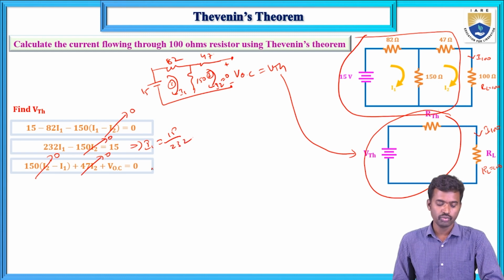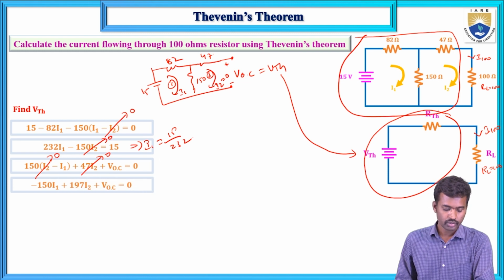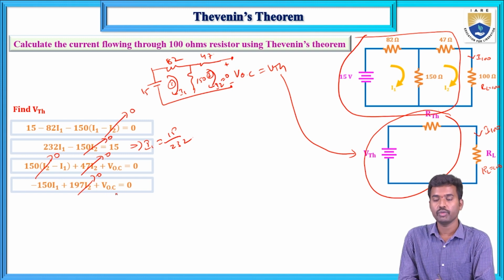The simplified equation for this one is minus 150 I1 plus 197 I2 plus VOC equals 0. That is equation number 1 and equation number 2. If you solve these two equations, you will get I1 and VOC.